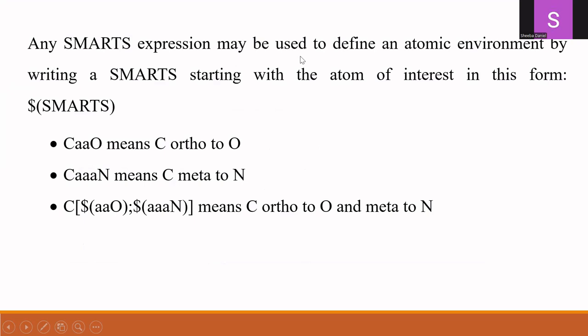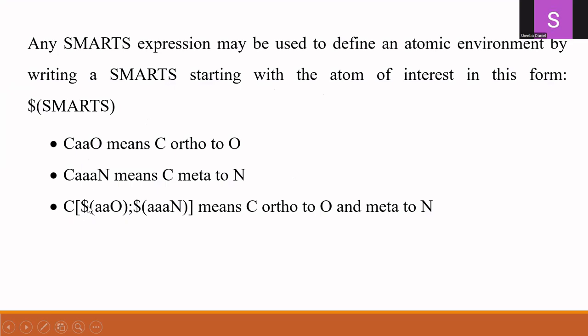Any SMARTS expression may be used to define an atomic environment by writing a SMARTS starting with the atom of interest in this form: the dollar symbol, then the SMARTS. The C, ortho to O, means carbon ortho to oxygen. The C, meta to N, means carbon meta to nitrogen.